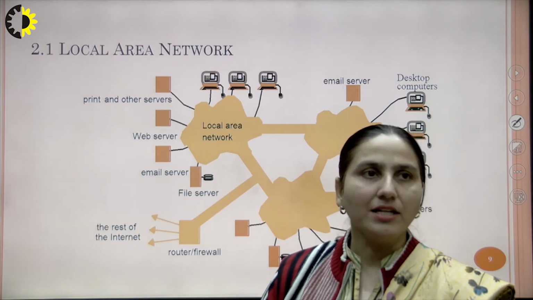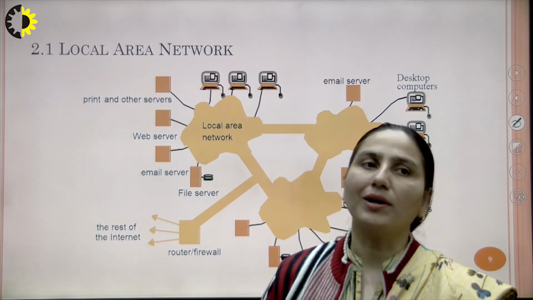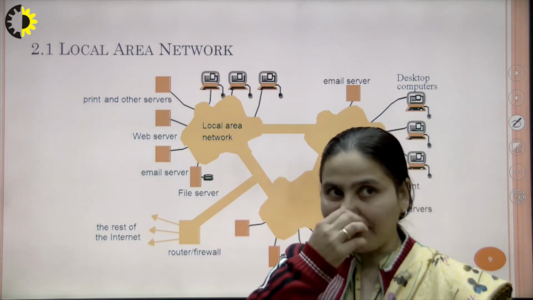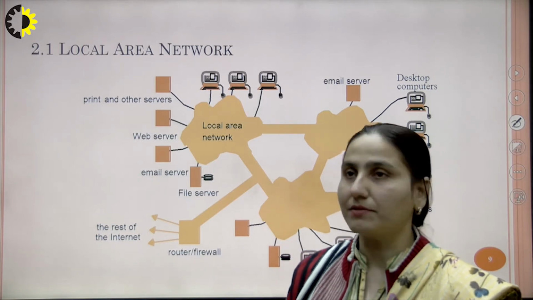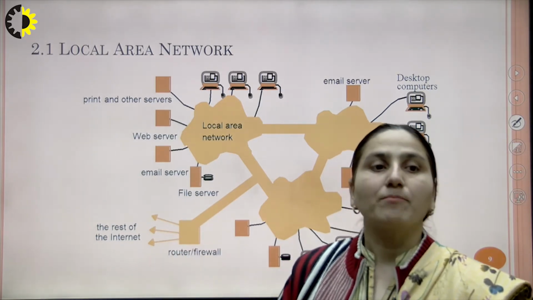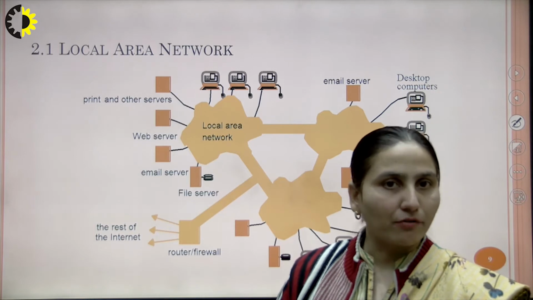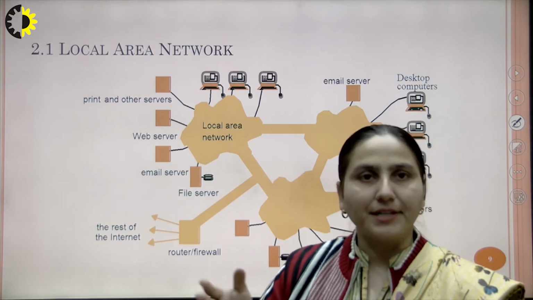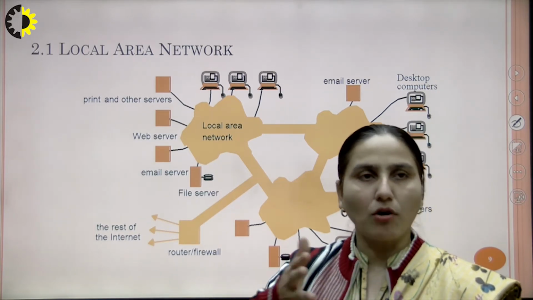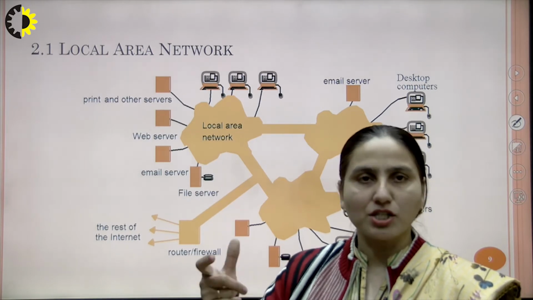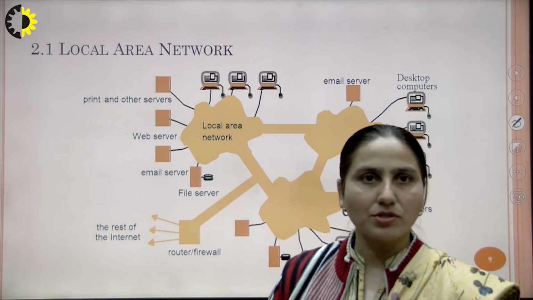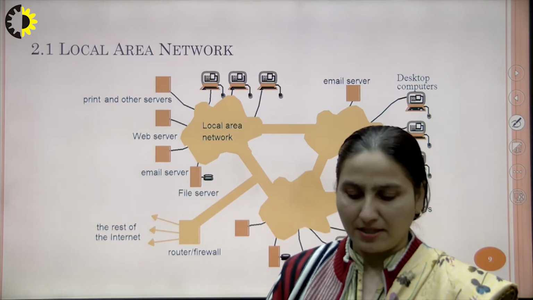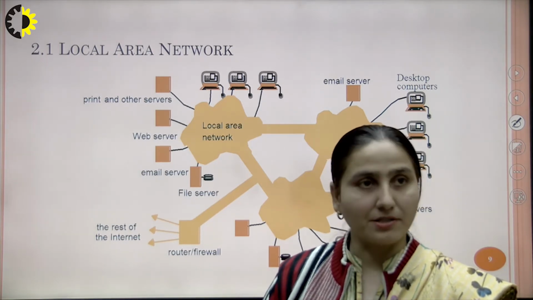So this is an example of a local area network with a number of servers, routers, firewalls and desktop computers. This is an example of a distributed system, because it is not a standalone system; we have different machines.